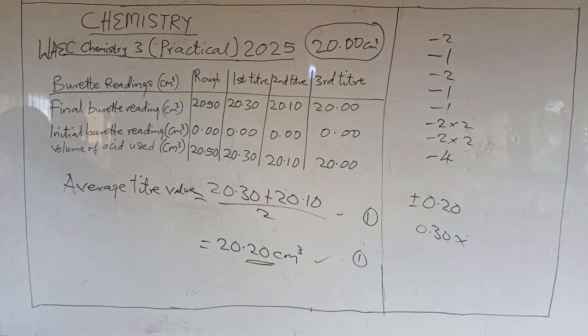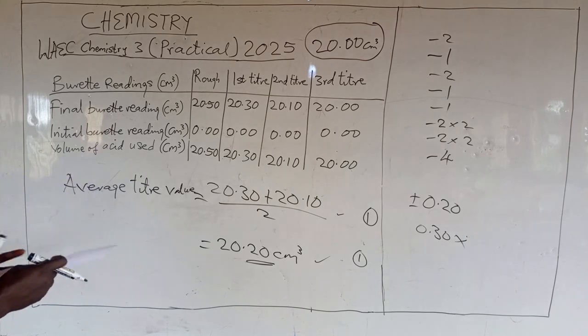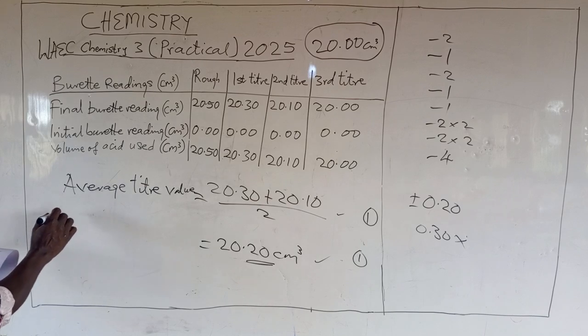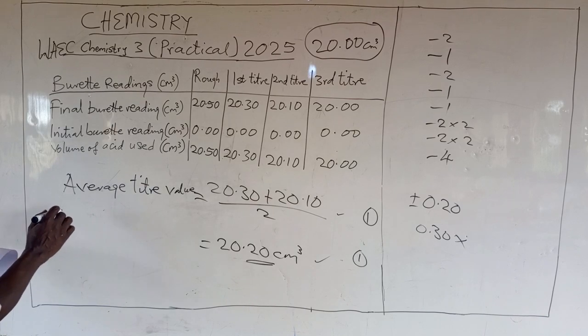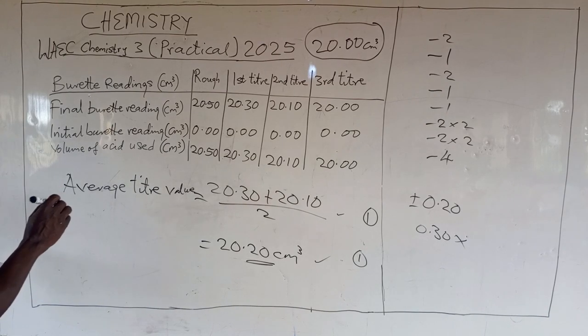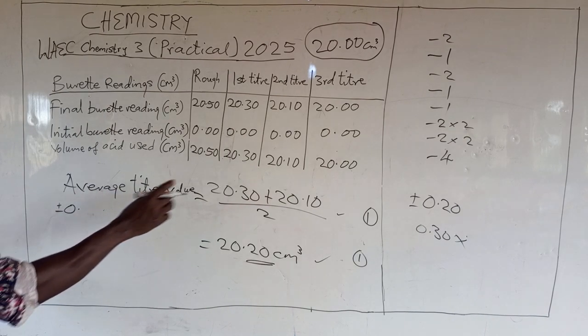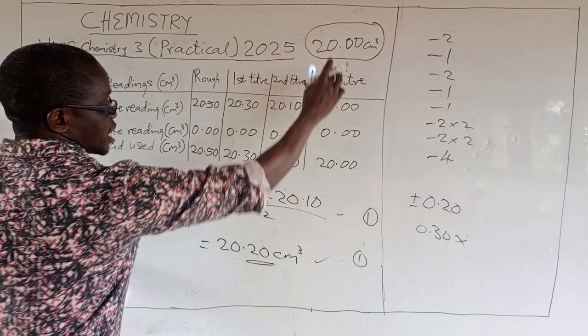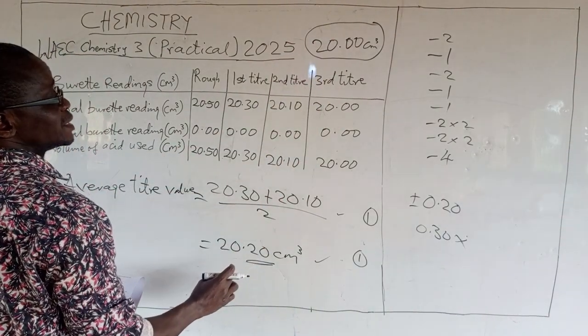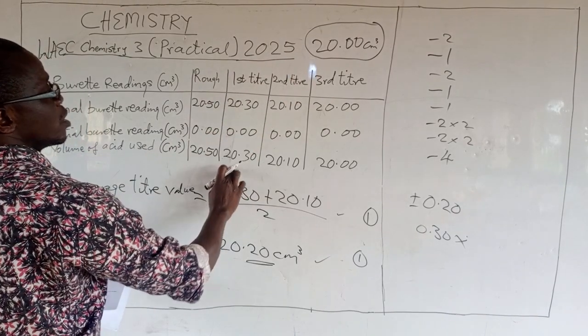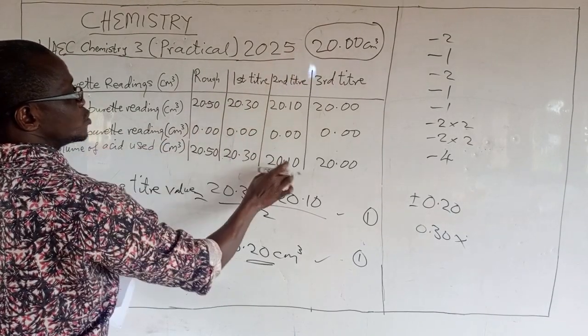Now, let me show you something for you to get the 4 marks. First thing you need to know, the candidate's titre value must be plus or minus a certain difference from your teacher's titre value. The difference between your teacher's titre value and the one that I want to mark, first if it is this one, I will compare with this one. When I am done with this, I will compare it with this one.